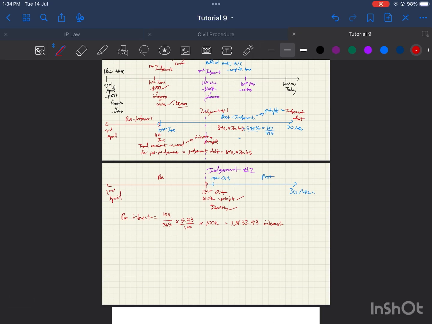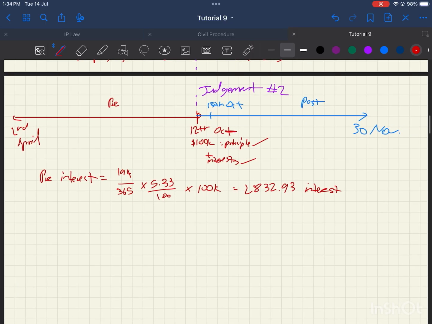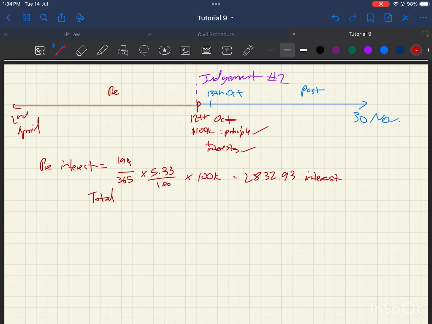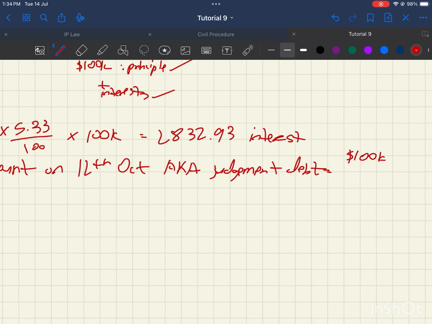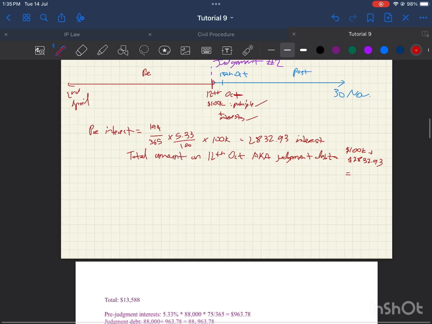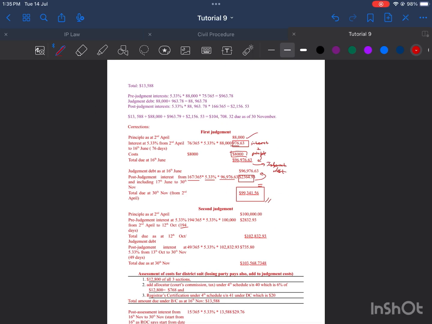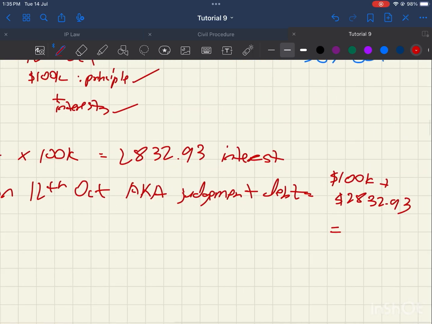So then total amount due on 12th October, aka judgment debt, equals 100K plus $2,832.93, which is equivalent to $102,832.93.